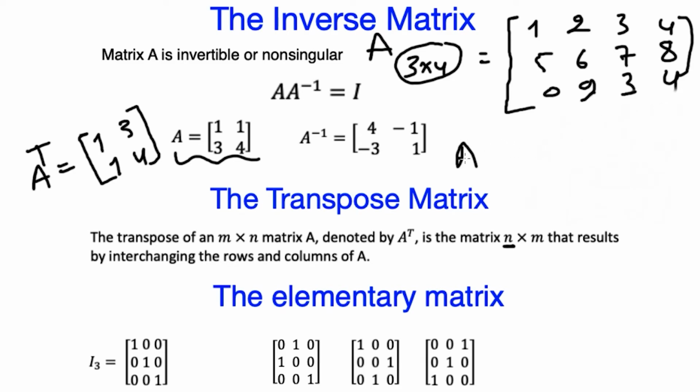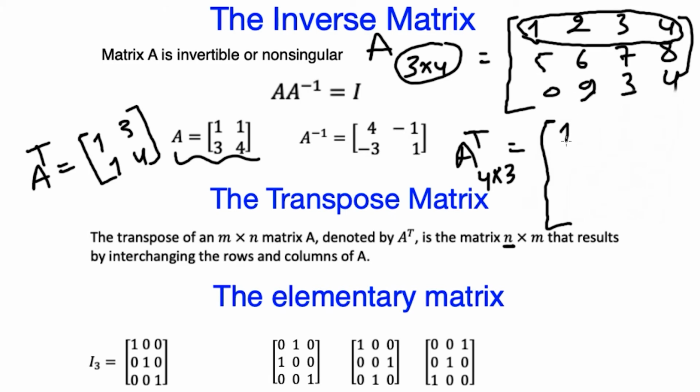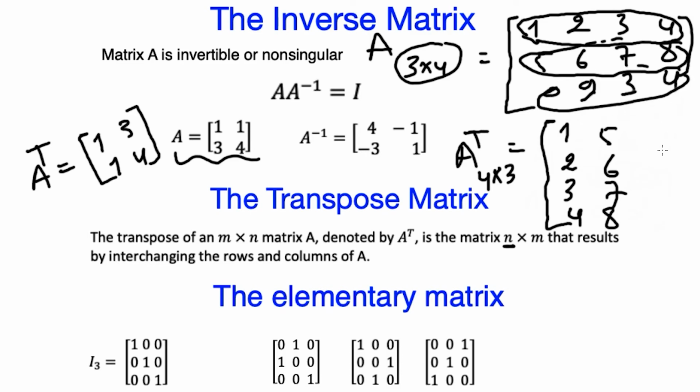The transpose of A will have the number of rows equal to the number of columns here, so it will be 4 by 3. The first row will be the first column here, so it will be 1, 2, 3, 4. This row will be the second column, so it will be 5, 6, 7, 8, and this row will be the third column, so it will be 0, 9, 3, 4.